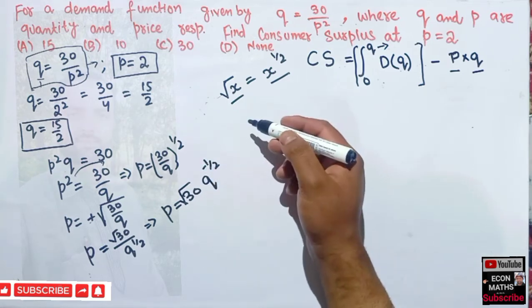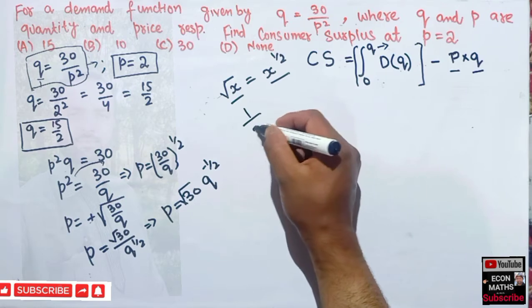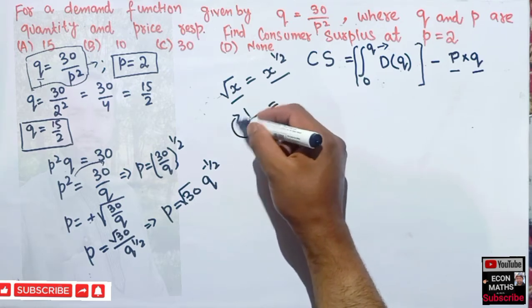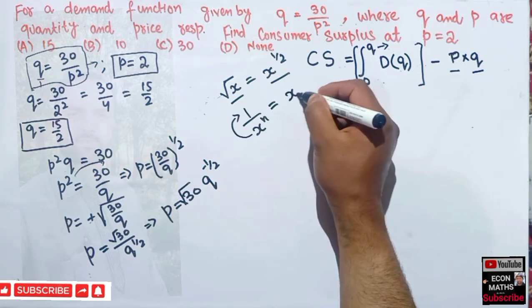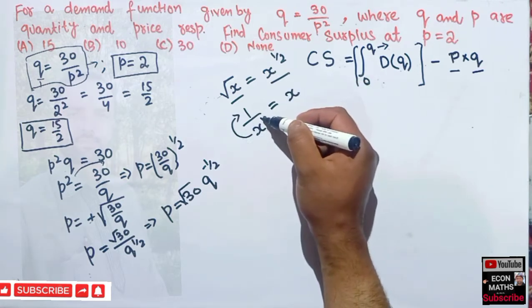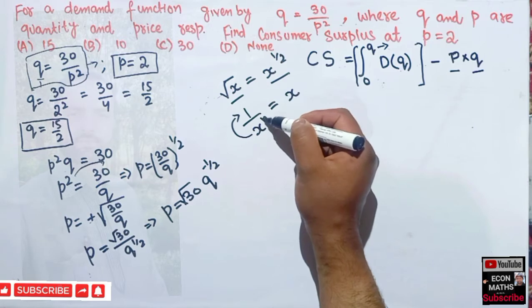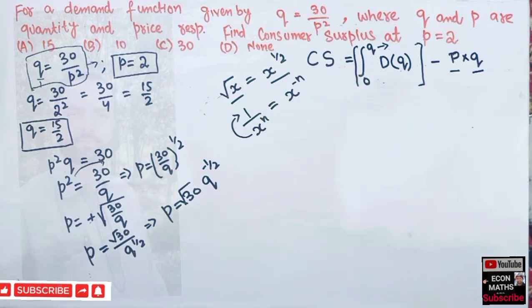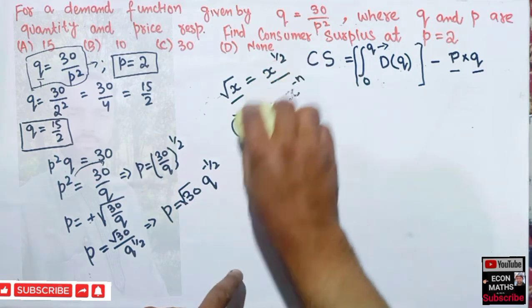This is also a simple rule. Whenever we have 1 divided by x to the power n, if we want to transpose it to the numerator, the sign of the exponent gets changed. If it is positive n, it becomes negative n. I hope I am making myself clear up to this.